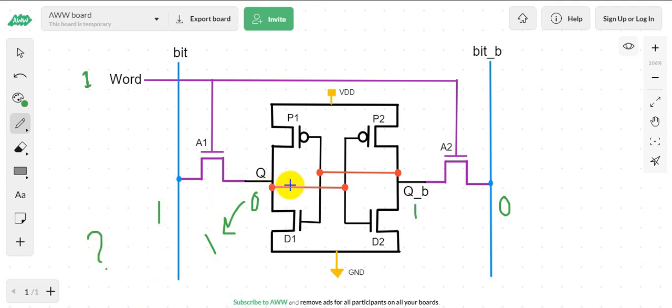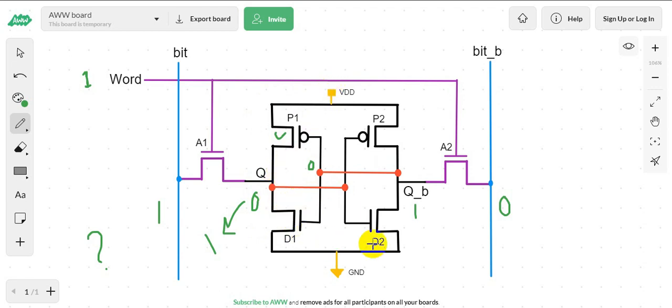If we can change the input value of this first inverter from 1 to 0, then we can get 1 at node Q, because for input 0 the D1 will turn off and the P1 will turn on and keep Q node 1 constantly using the source VDD.